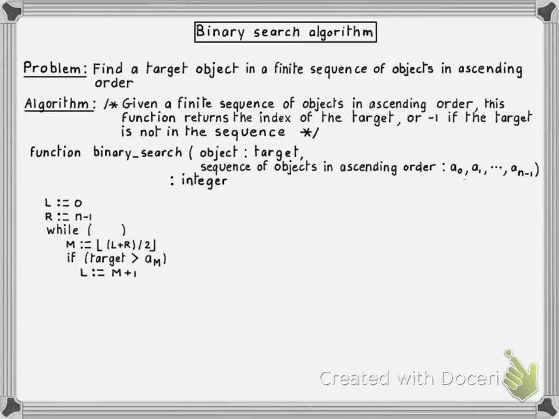In the other case, when the target is not greater than A sub m, then we want to consider the first half of the sequence. So we want to ignore the second half. In other words, we want to move the right pointer to the middle of the sequence, and therefore we're considering the subsequence from L, which hasn't changed, to R. That's the left half of the sequence.